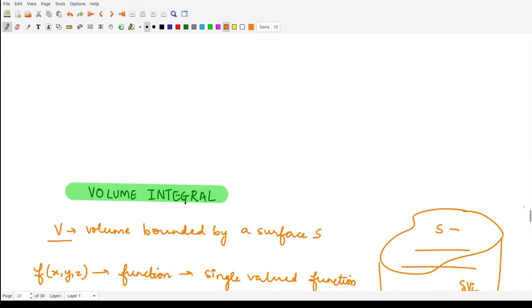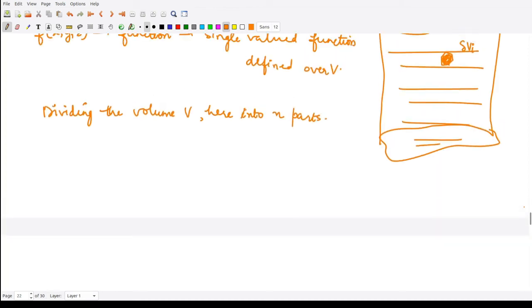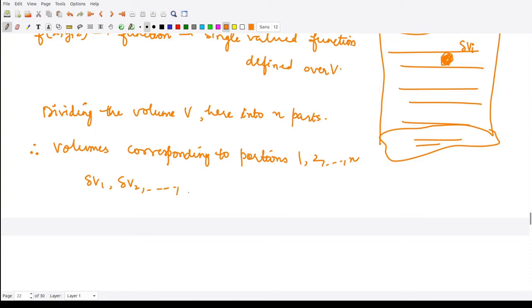For the next portion, what would this be? This would be equal to delta V1, delta V2 up to delta Vn. So these would be the volumes. Therefore, I can say the volumes corresponding to portions 1, 2 up to n could be delta V1, delta V2 up to delta Vn, right?